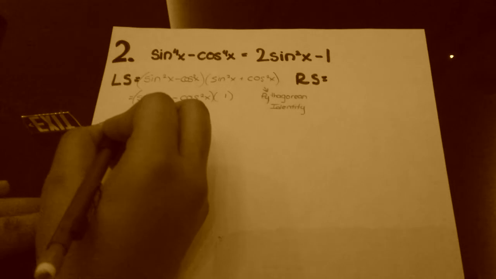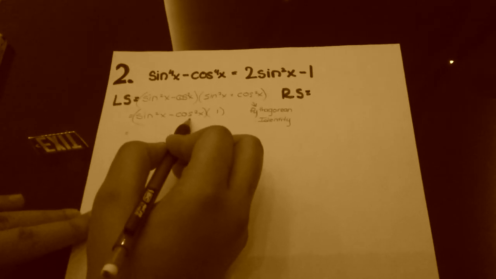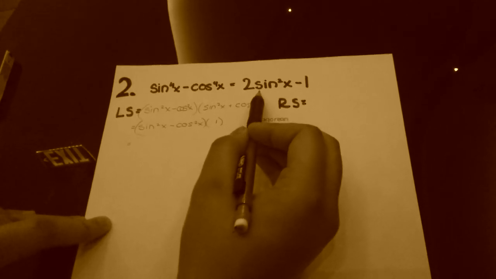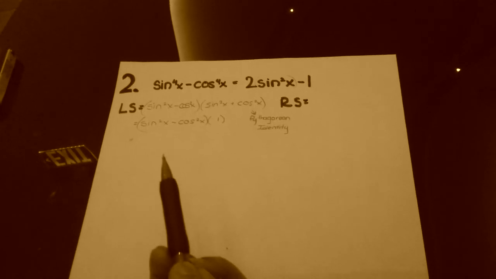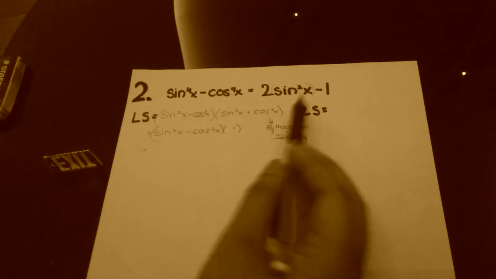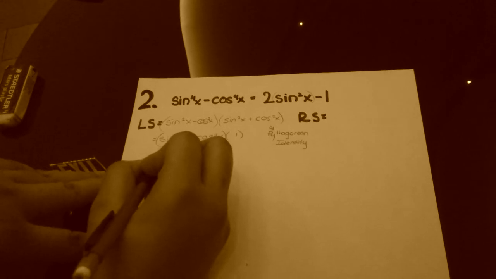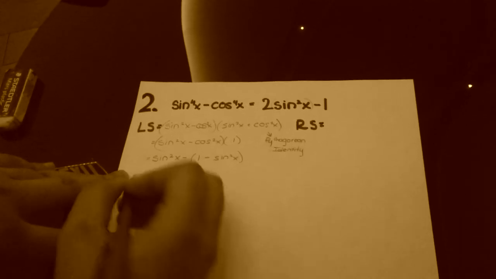So after this step, I would like to use another Pythagorean identity and change the cos squared x to 1 minus sine squared x, because in this case, the right side has a sine squared x in it. And I would like to end the question in sine squared x, so I wouldn't need to change this into anything else. So this would equal sine squared x minus (1 minus sine squared x).